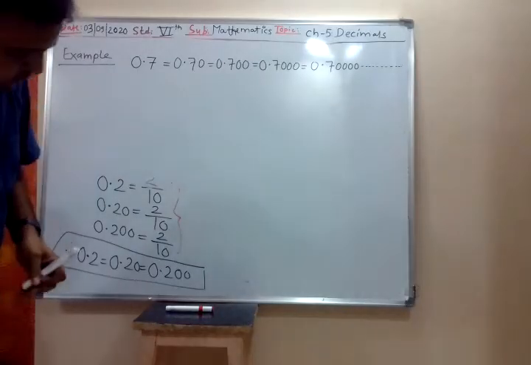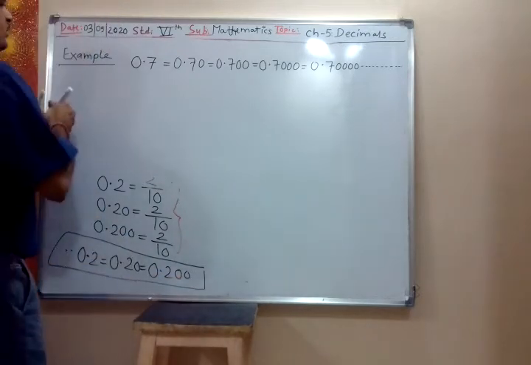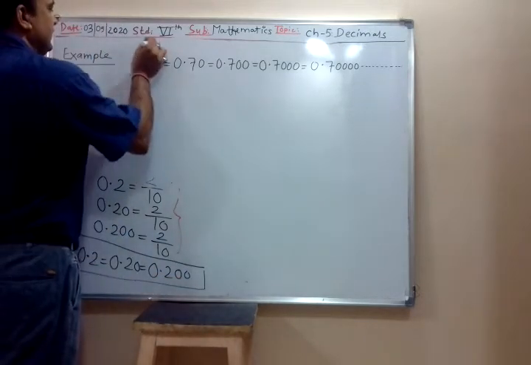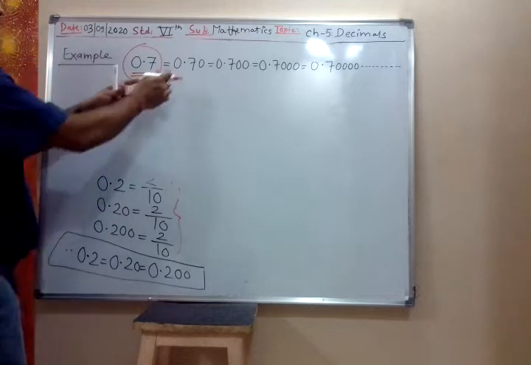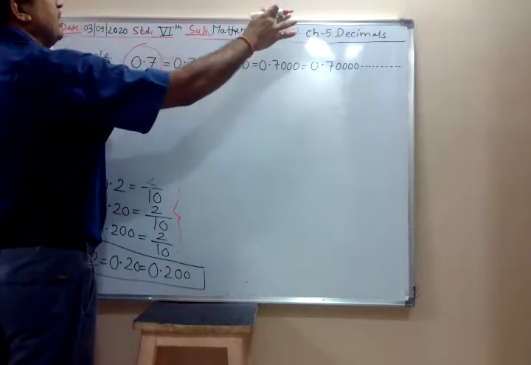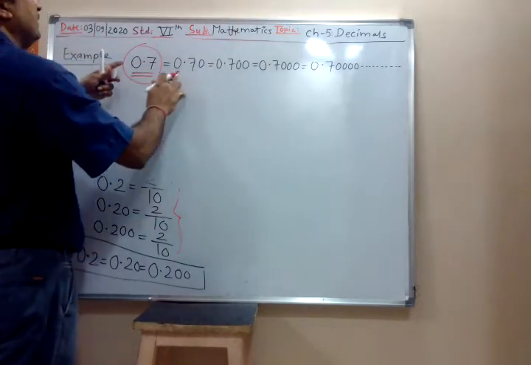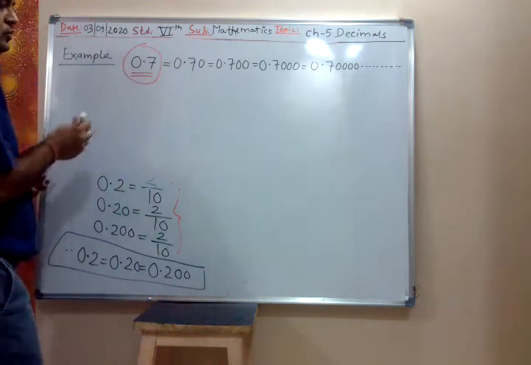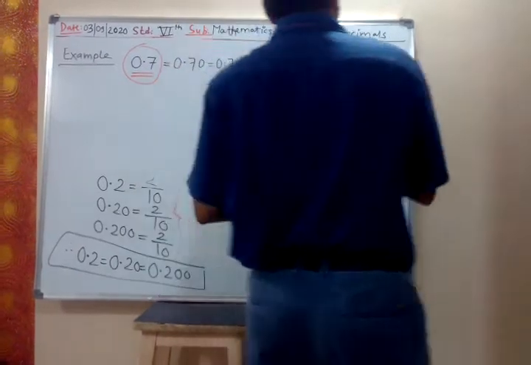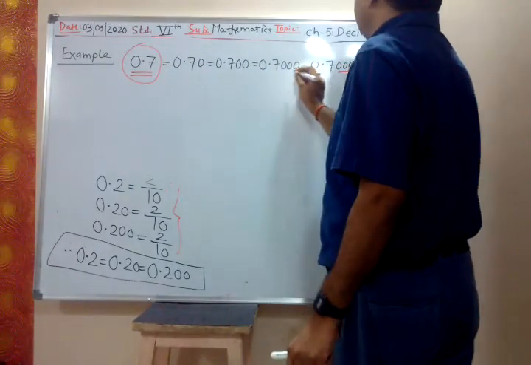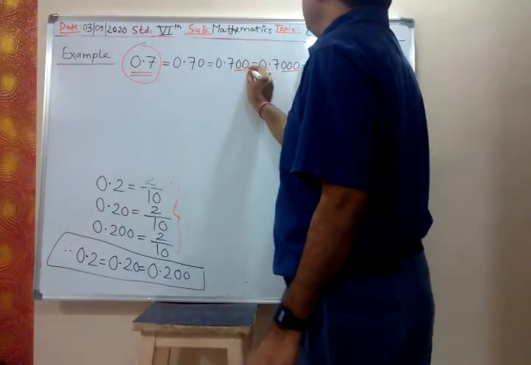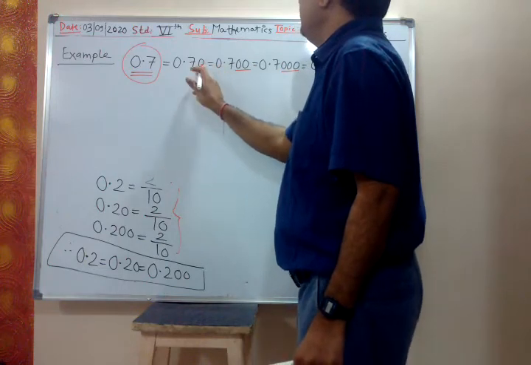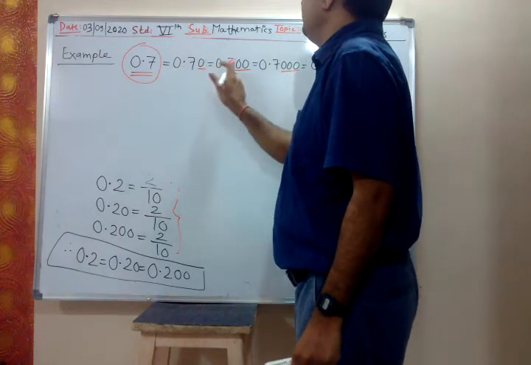So how many zeros we add to the right, the simplest value is nothing but 0.7. This is the simplified value. How many zeros are there to the right does not matter. We can remove those zeros, and the number left is 0.7.